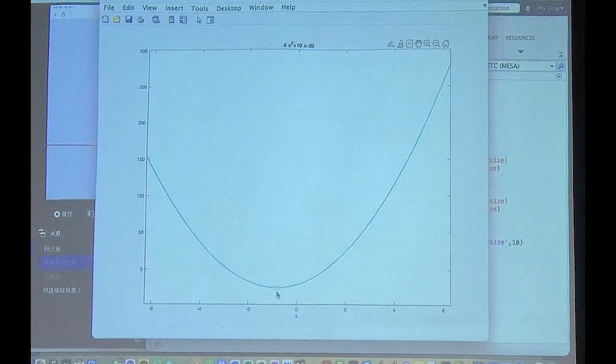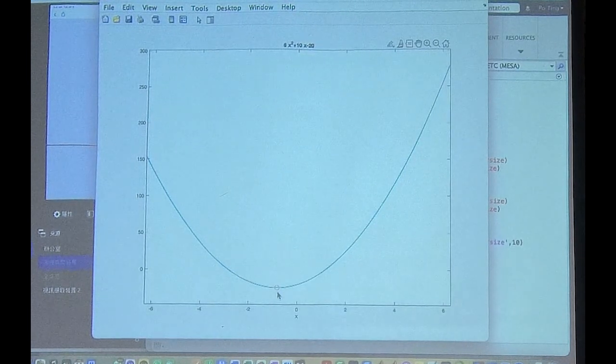You see it's at the bottom. So if the function is a second order function, the second order Taylor expansion of a second order function is itself.